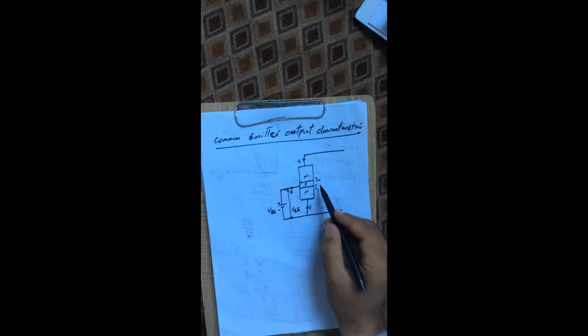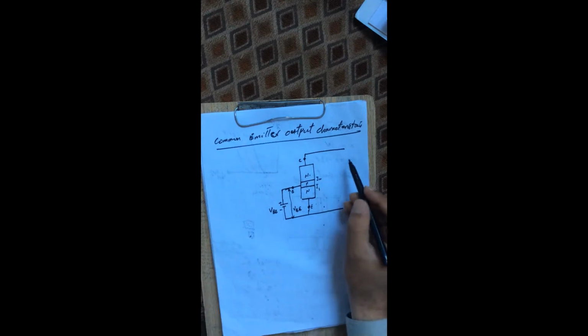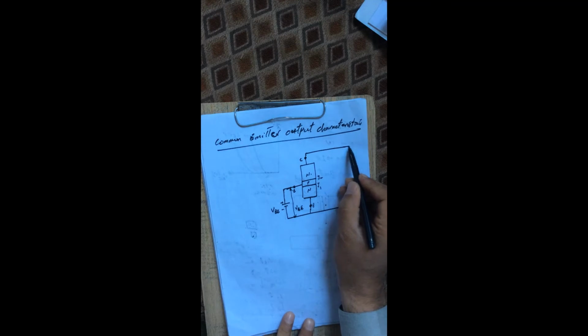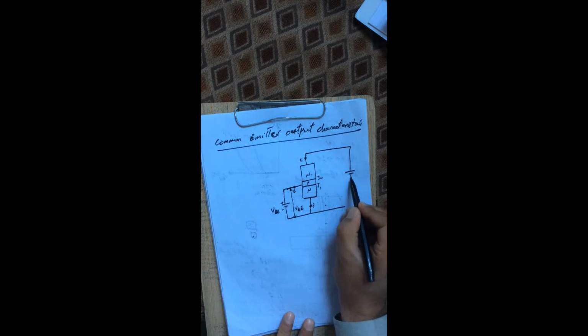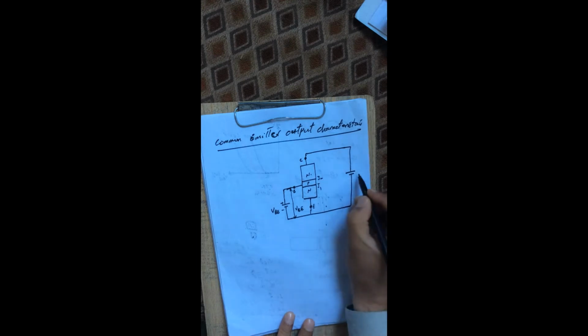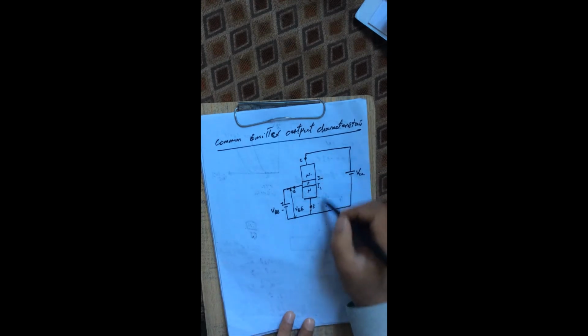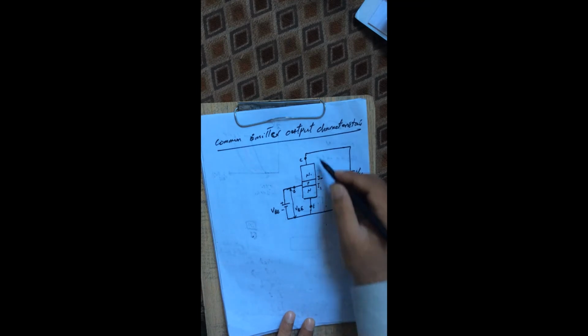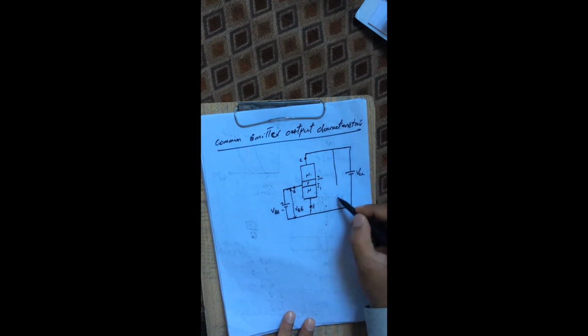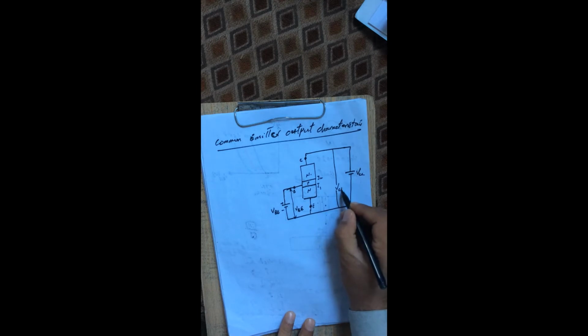Now junction J2 is reverse biased, so it means that this N side is connected to the positive terminal, and the other side will automatically be negative. This battery I call VCC, and the voltage difference appearing between collector and emitter is represented by VCE.